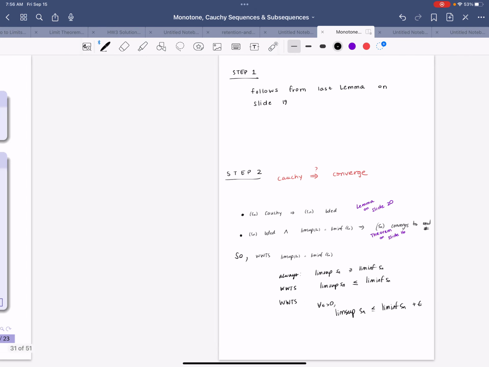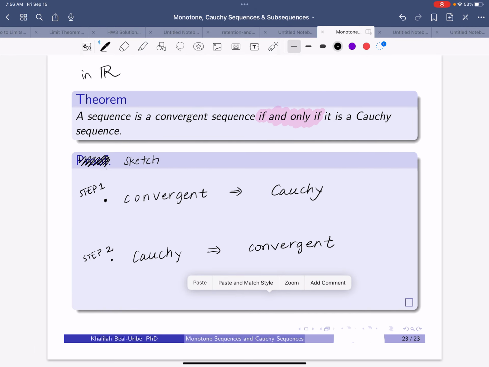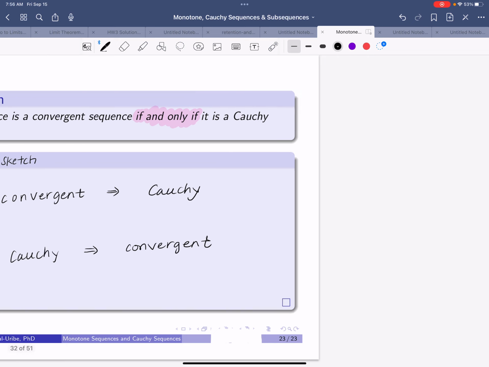So, there we go. We now know that convergent in R, if and only if, Cauchy in R. Okay?